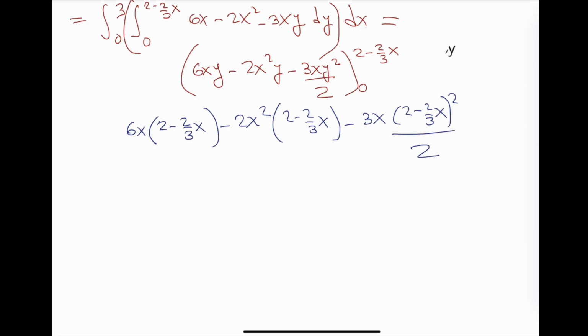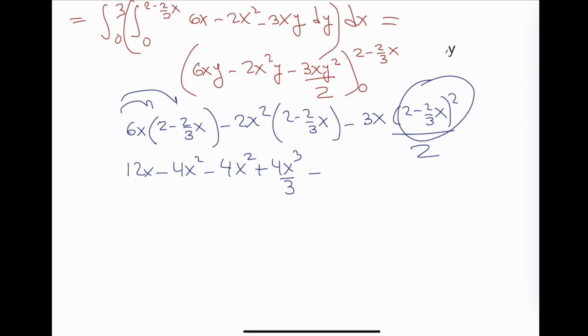And so doing the operations here and simplifying, we have to multiply everything here, so we get that this is 12x minus 4x squared minus 4x squared plus 4x cubed over 3 minus, we need to do this square here, that will be 4 minus 2 times 2 times 2 over 3x, and then plus 4 over 9x squared. And so doing all this operation over 2, we get here minus 6x plus 4x squared minus 2/3 x cubed.